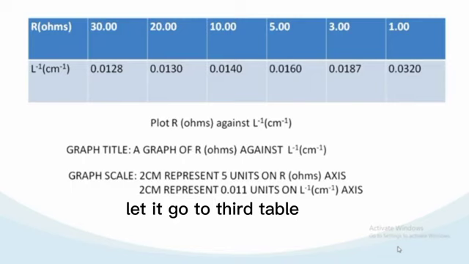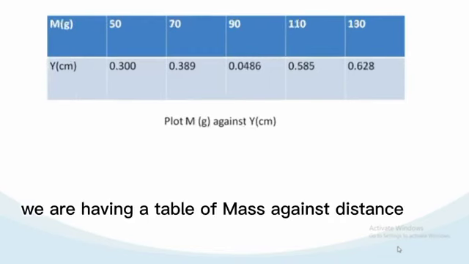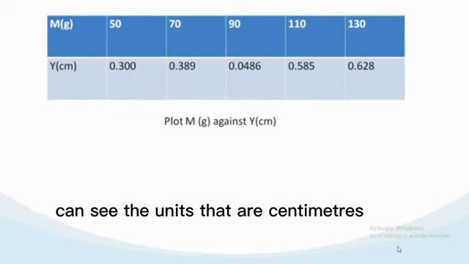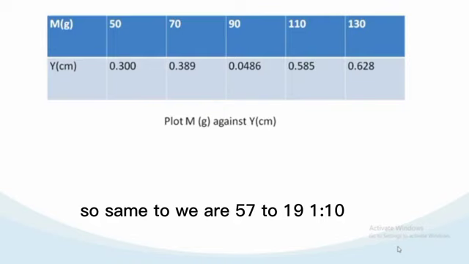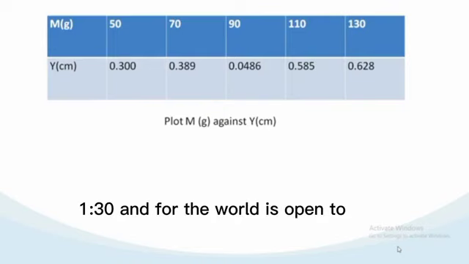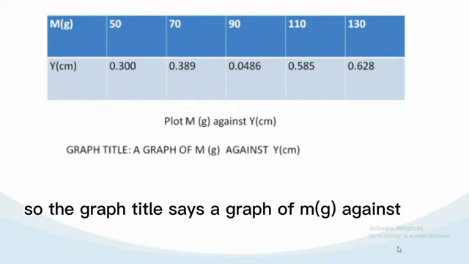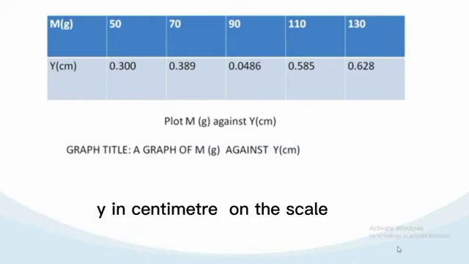Let's look at the third table. We are having a table of mass against distance. You can see the unit is centimeter. Same thing, we have 50, 70, 90, 110, 130, and for the y as well, 0.3, 0.389, and so on. So the graph title says a graph of m in gram against y in centimeter.